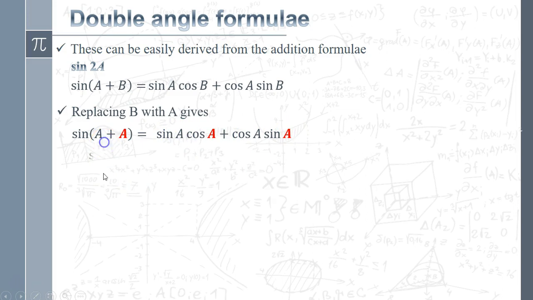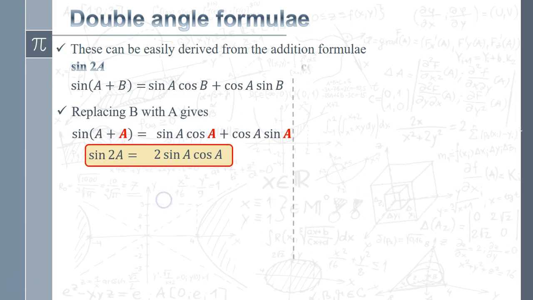So what we've got here is sine 2A is 2 lots of sine A cos A, and there we go. So in order to get, for example, the sine of 60 degrees, we'd have to do 2 times the sine of 30 times the cos of 30. Right, so that's that one.